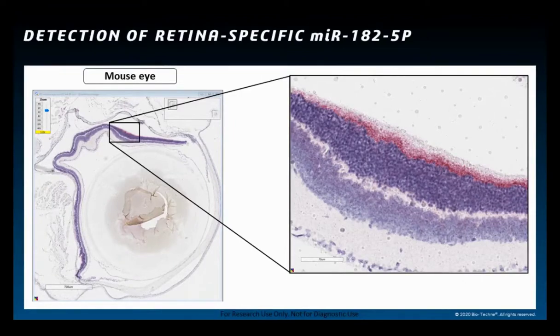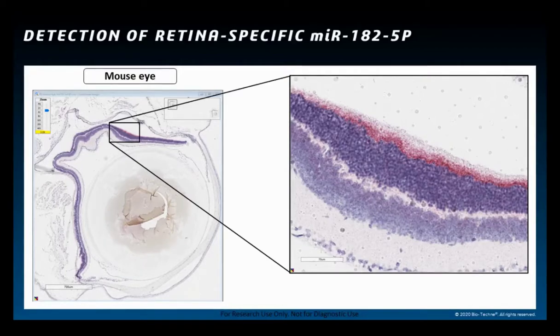Our next example is a microRNA in development. It's miR-182-5P, and it's being detected in the mouse eye, specifically in the retina. Now, this particular microRNA is, from the literature, expected to be expressed in the outer nuclear layer of the retina, and this is the place where the cell bodies of the photoreceptors are housed, for example, the cones and the rods.